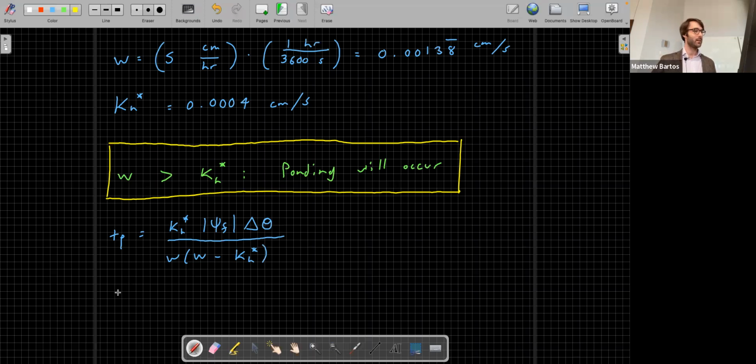First, what is delta theta? It is our initial soil moisture deficit. So how is that expressed mathematically?